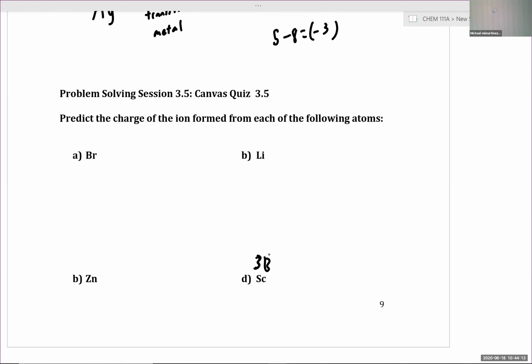So let's take about 2 more minutes and work through this problem, and then let's try to get a few more responses via the Canvas quiz or the chat feature.